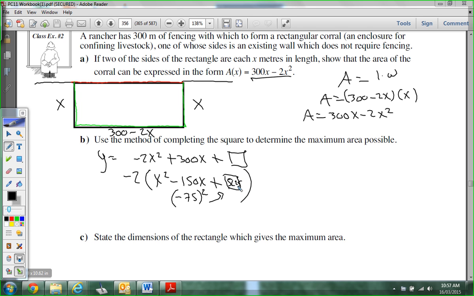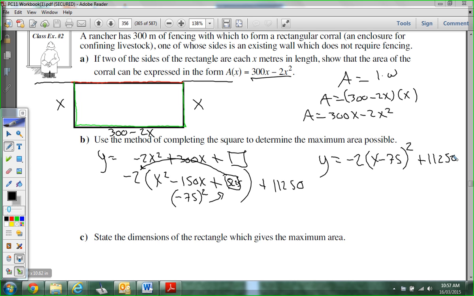And we have to multiply that out here, which gives me a negative, so I put a positive. Shrink this down. Okay, so that's what I got shrunk down to.